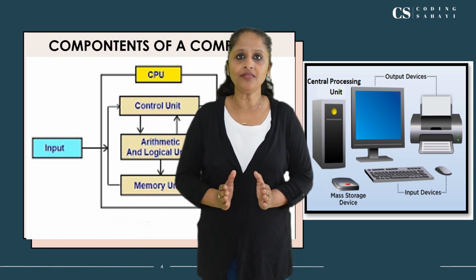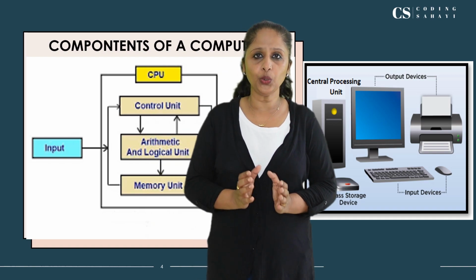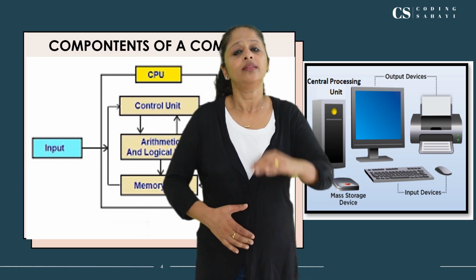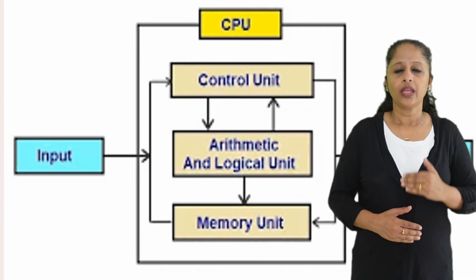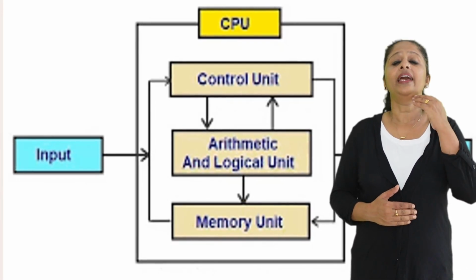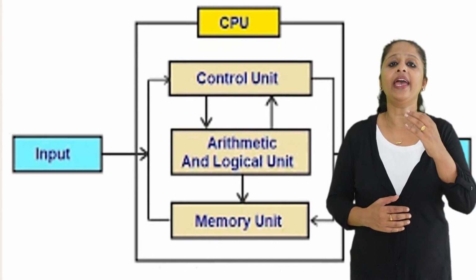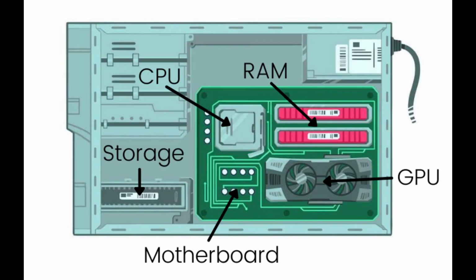After that, we have a central processing unit or CPU. The CPU is again divided into three parts: control unit, arithmetic and logic unit, and memory unit. So CPU is the brain of the computer and it is responsible for executing instructions and performing calculations in a computer. So now let's see the components of the computer.